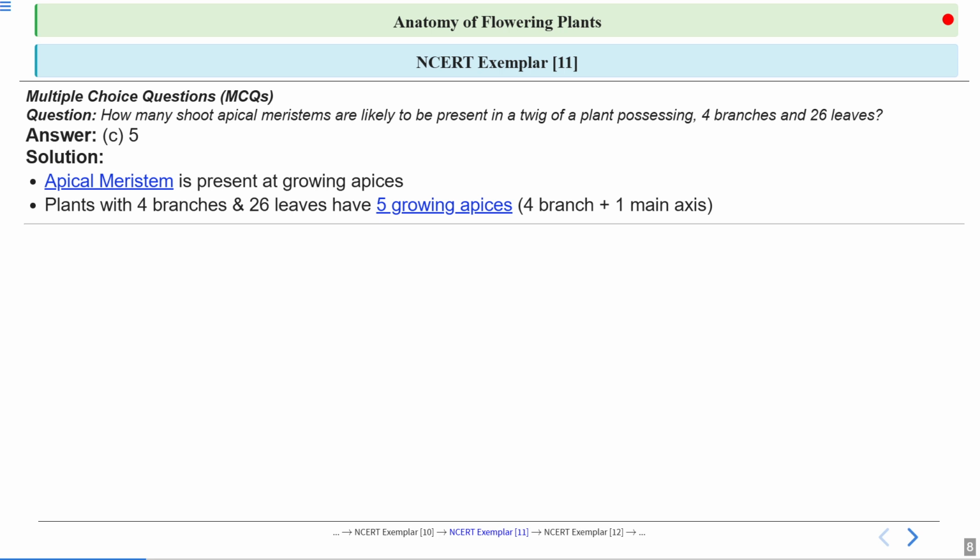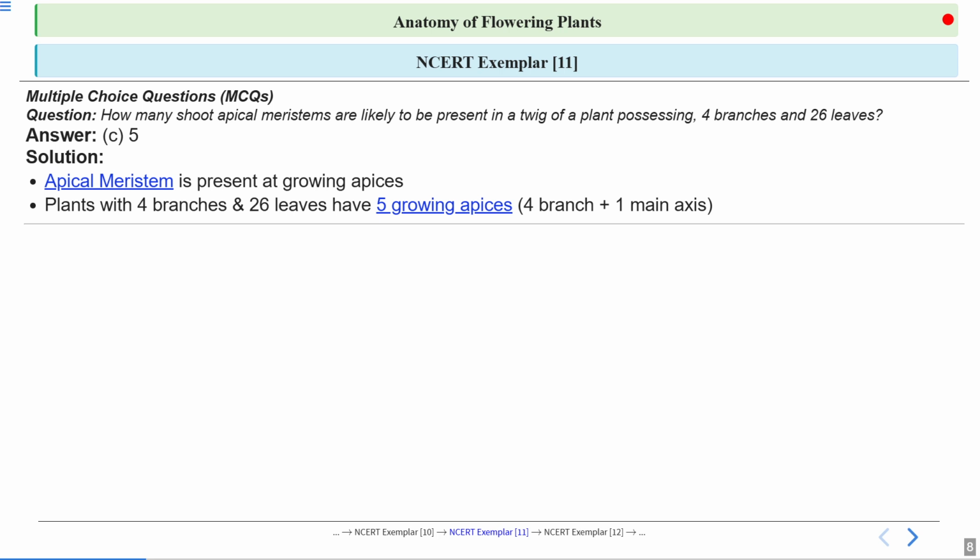Here, according to the question, the plant has 4 branches and 26 leaves. There is one main axis and the 4 branches. Every branch has an apex at its tip, the region that is continuously growing and continuously dividing.